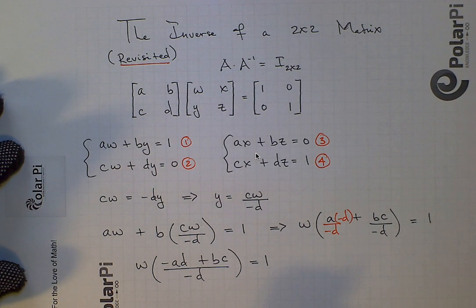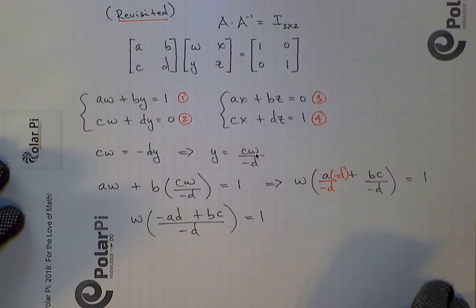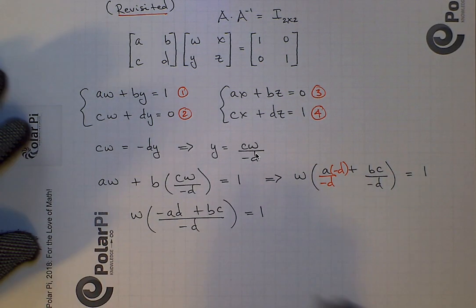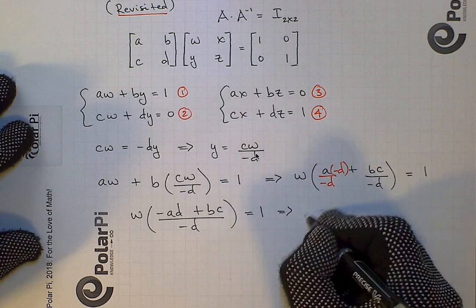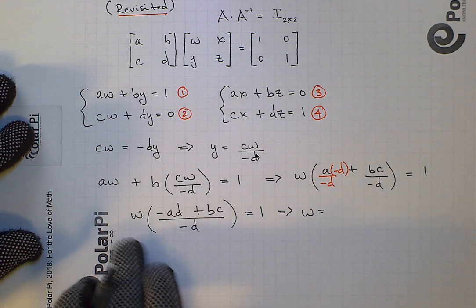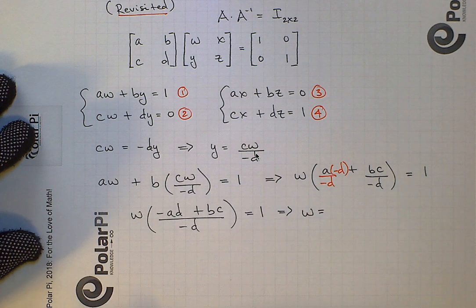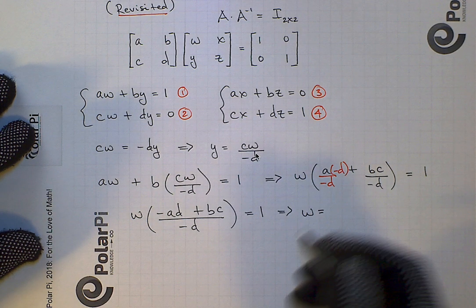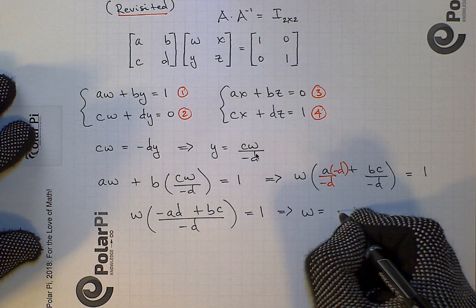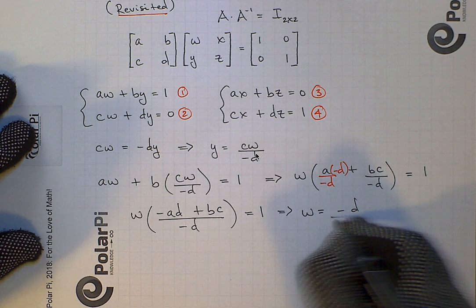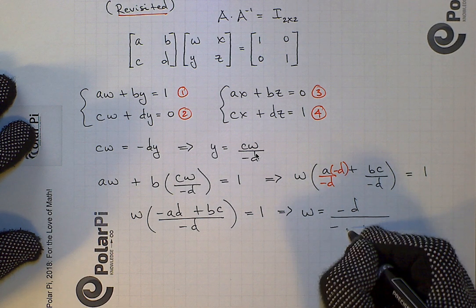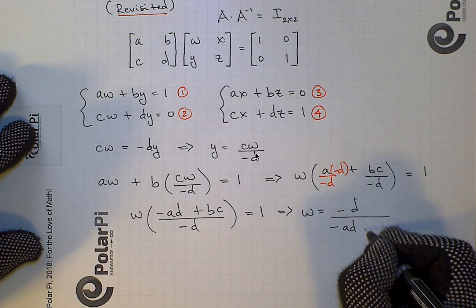Okay, cool. And so next, to solve for W, I multiply both sides of this last equation by the reciprocal of the quantity inside the parenthesis. When I do, I can write that W is equal to negative D divided by minus AD plus BC.